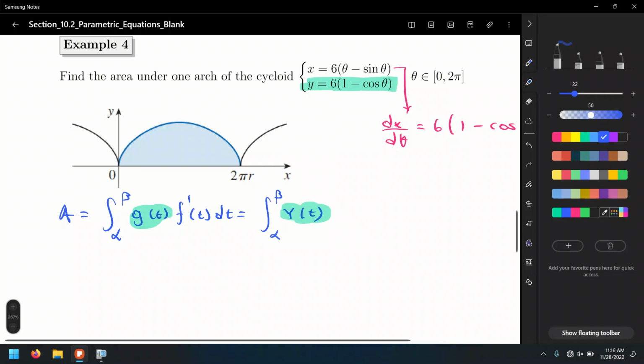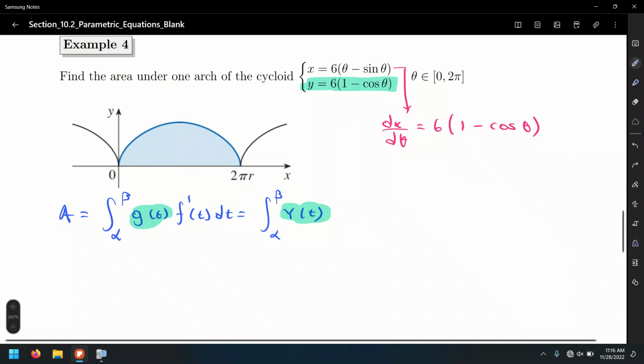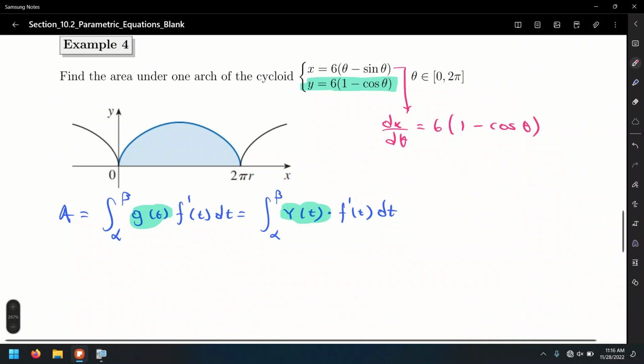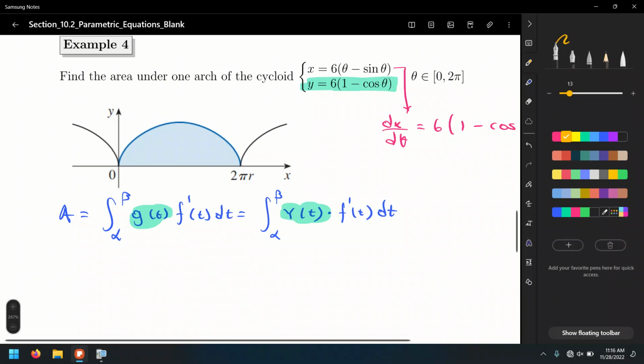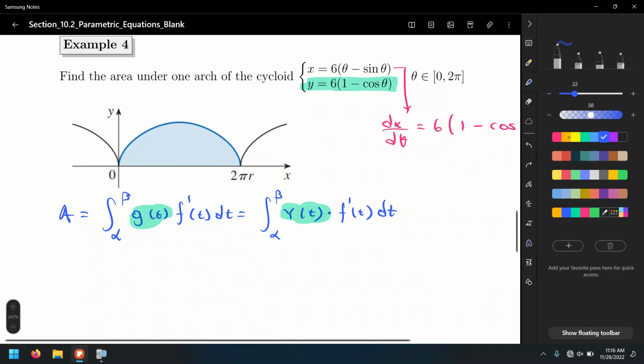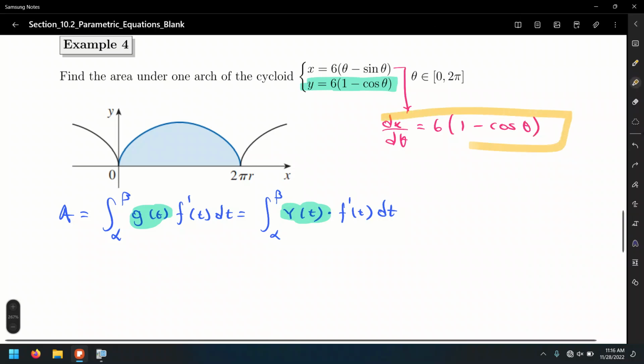And next is times f prime of t with dt, which in this case is the derivative. I'd rather use a different color here. This function that I'm highlighting here is going to be this f prime of t.